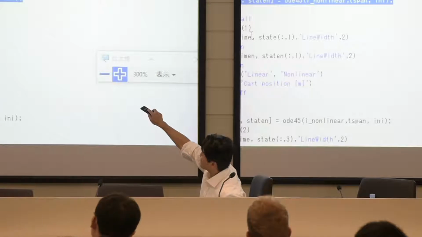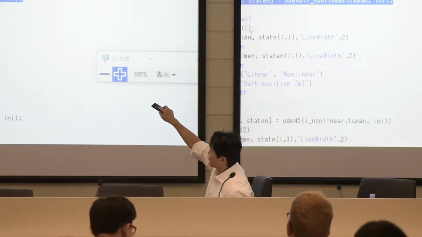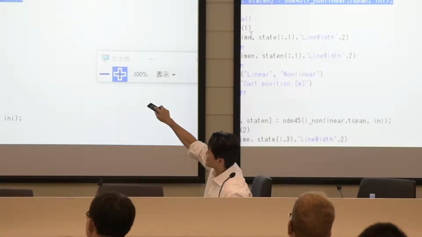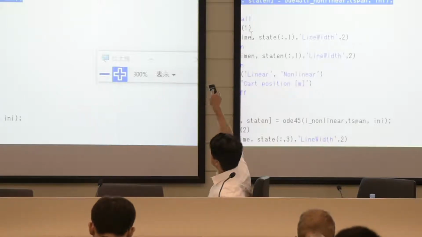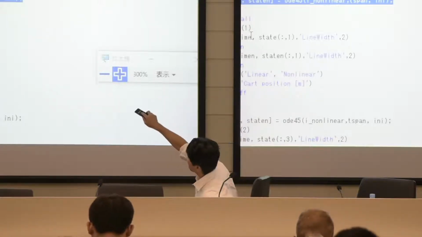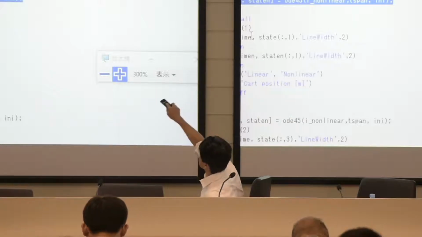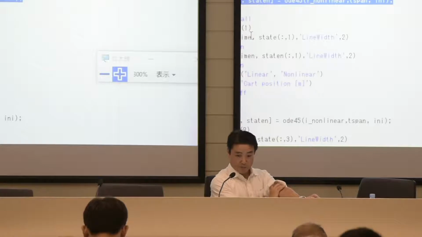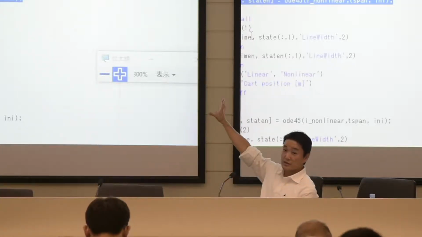This semicolon corresponds to each row. The first element is x2, the second element is somewhere here. It can be easy to get lost, but anyway, this computation is correct, and this is the nonlinear system.